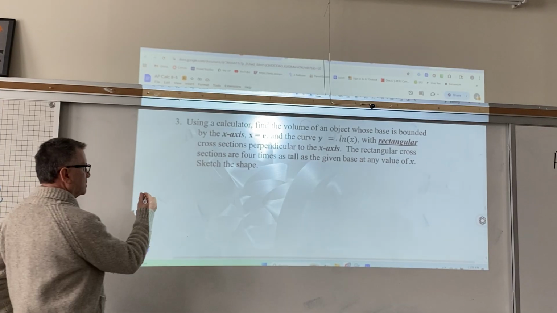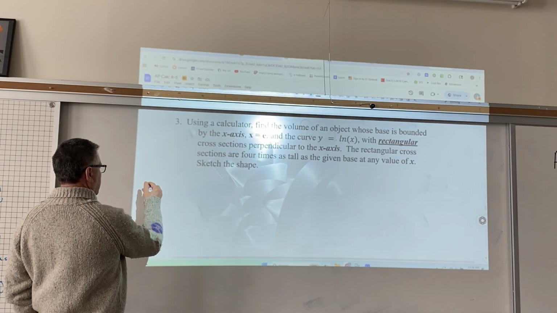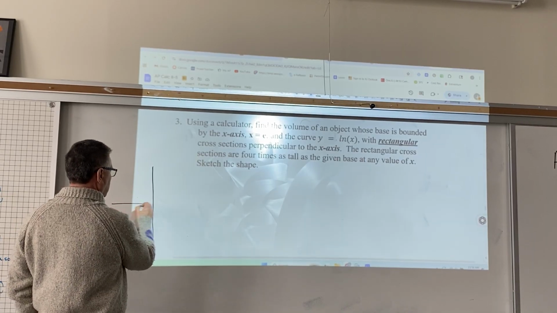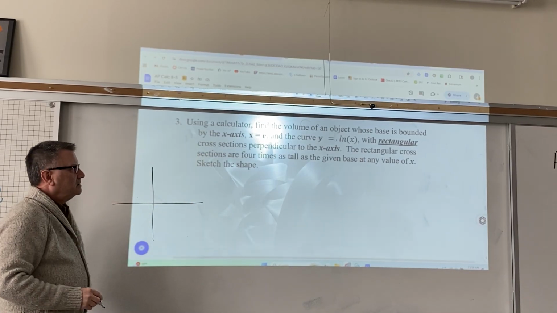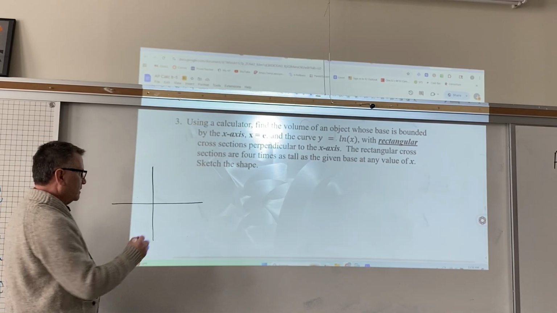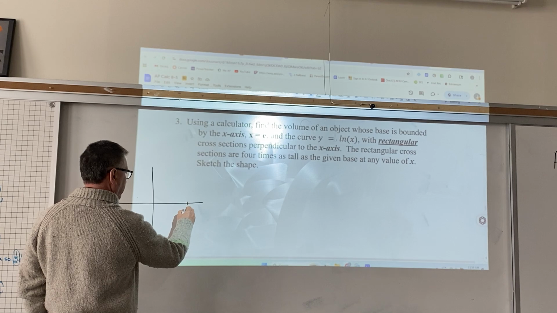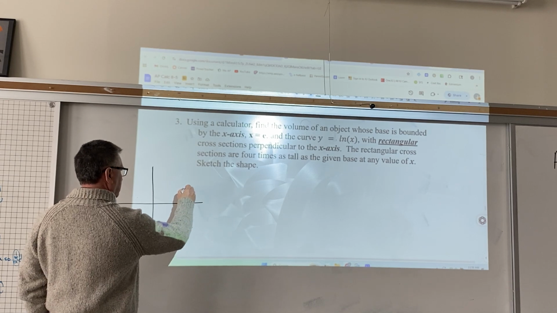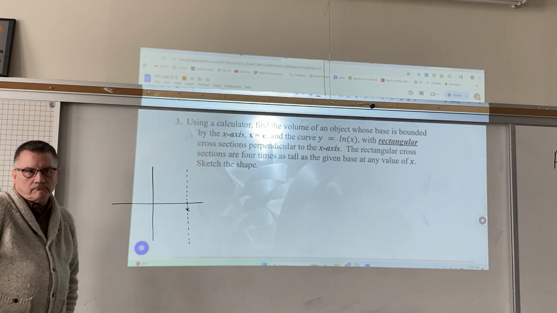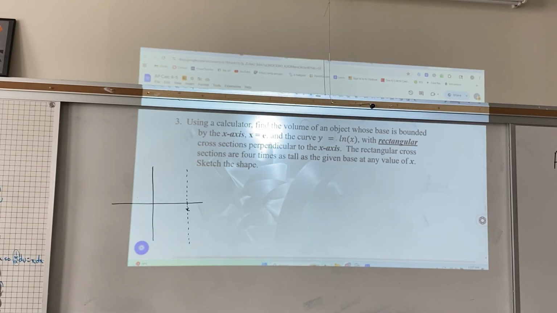Let's kind of draw what's going on here. The x-axis, draw the axis. The x-axis, x equals E, well, that's somewhere over here. E is like 2.718 something.